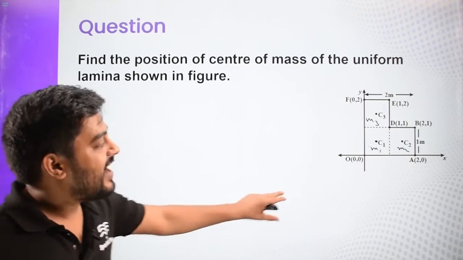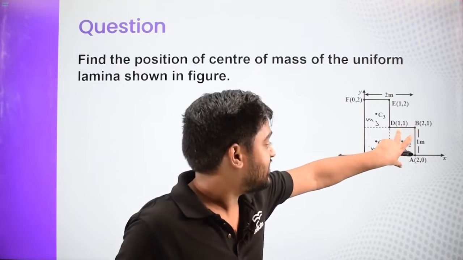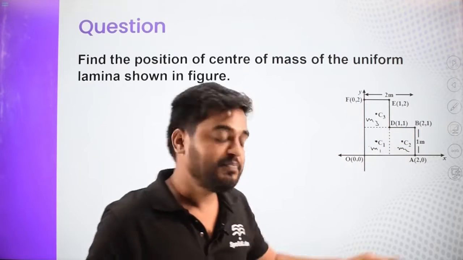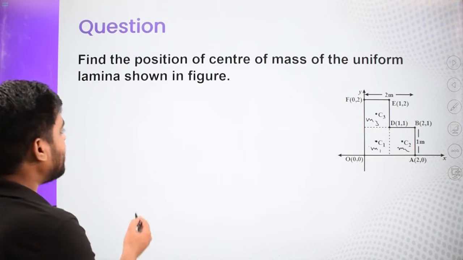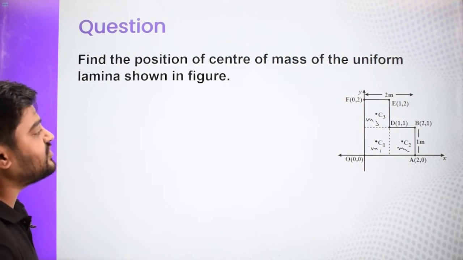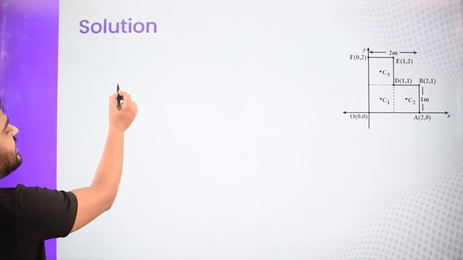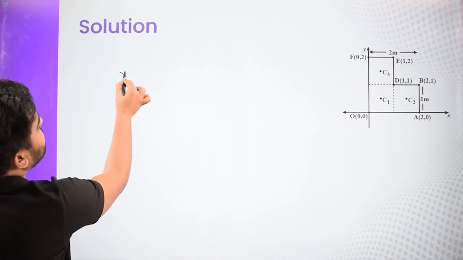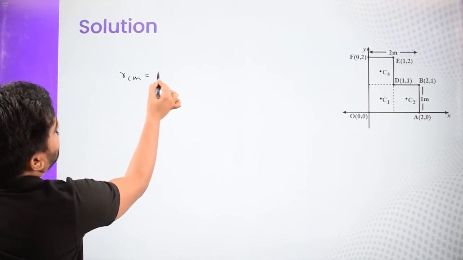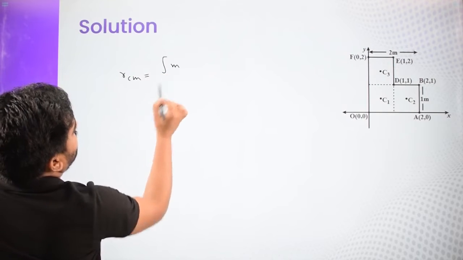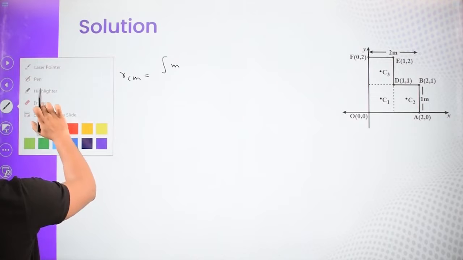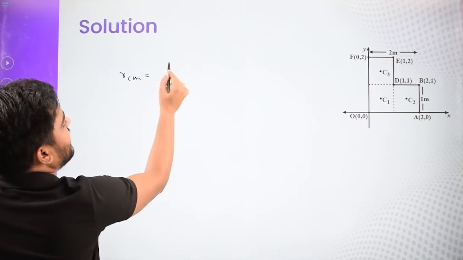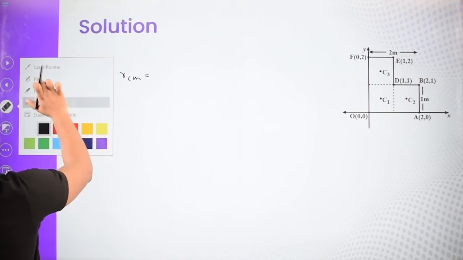Now, treat each part as a point mass, simply putting its entire mass at its center of mass. Let us apply the same formula to find the position of the center of mass. RCM is an integration, but here we can't apply integration. It should be a summation, as we are treating them as discrete objects.